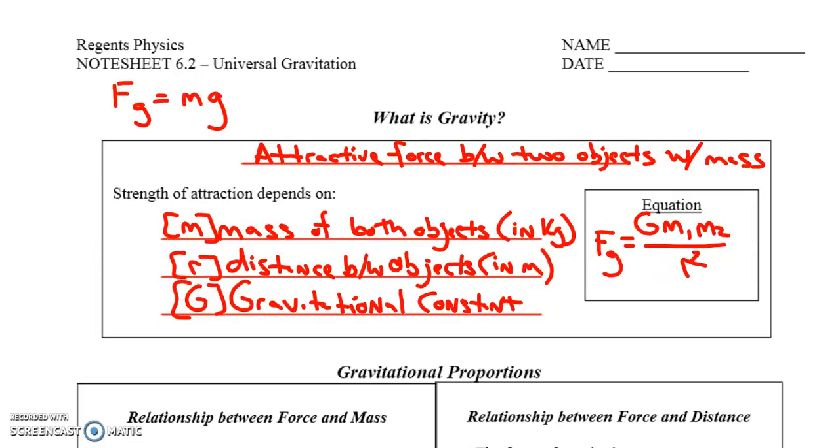Now let's talk for a moment about why we use the symbol r for the distance between the objects. Suppose we're talking about the force of attraction between the Earth and the Sun. We know that the Earth orbits the Sun, and the distance between those centers happens to be the orbital radius of the Earth.